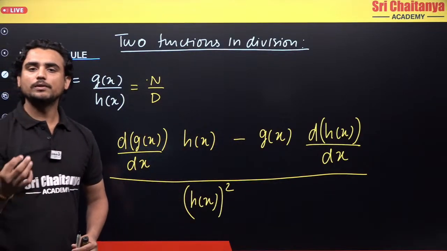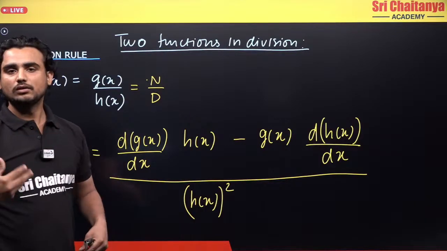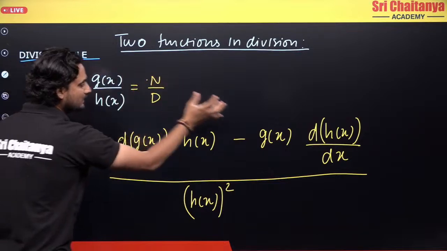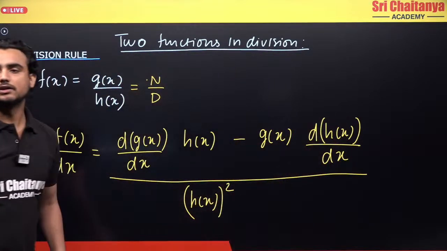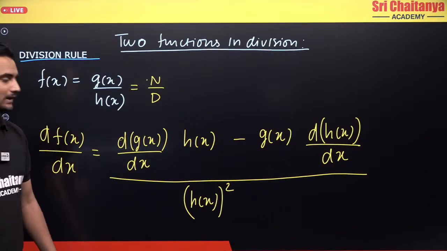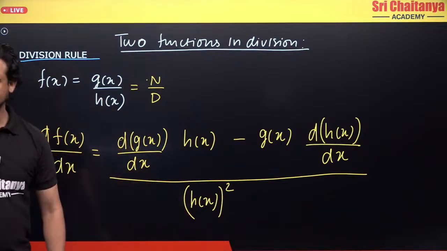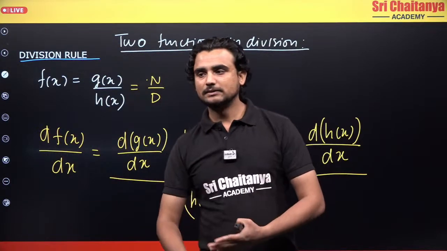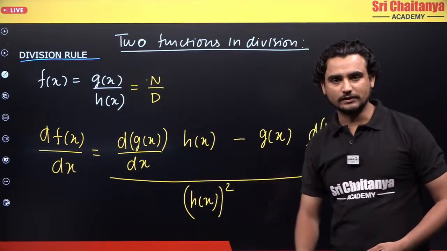Then the nurse sends me to the doctor, so the nurse or numerator I keep as it is, and I differentiate the denominator. Finally, the doctor takes the money, so doctor square, the denominator square. This is just a way to remember. You can use your own methods, but this is how I remembered it and I do not forget it.